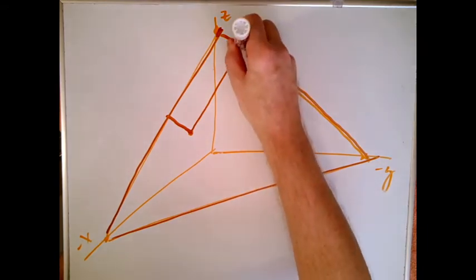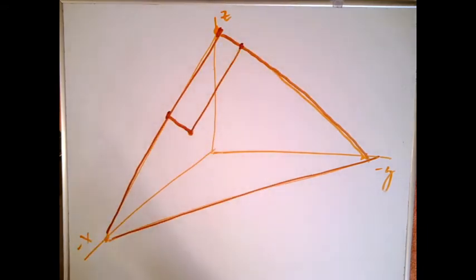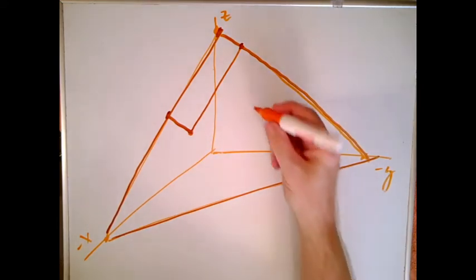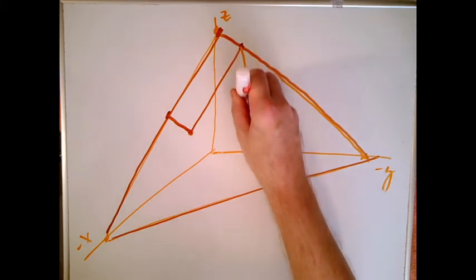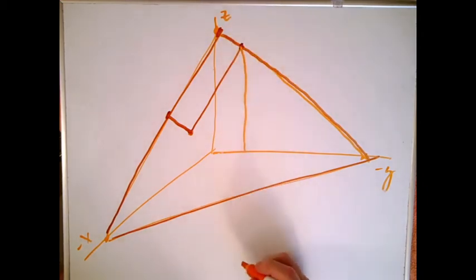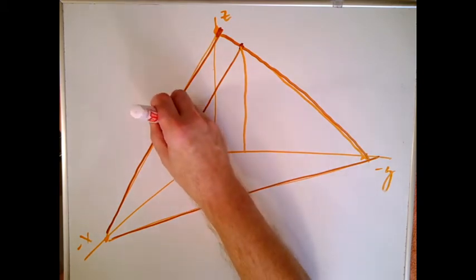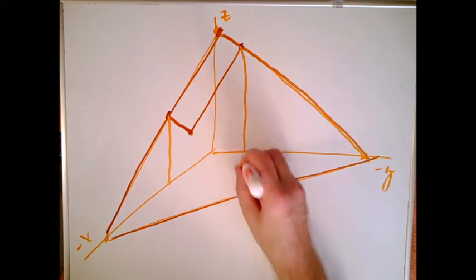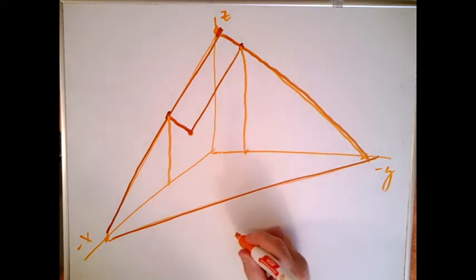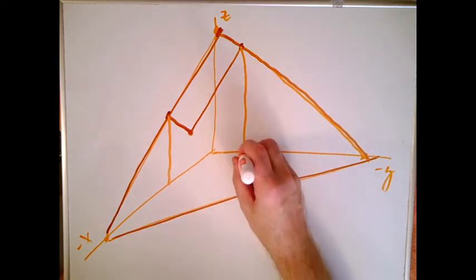Now from this point and this point, I want to draw points that are not on the plane that will give us some perspective. From this point here, I am just going to go all the way down to the y-axis. And from this point here, I'm going to go all the way down to the x-axis. Now, from this point here, in the xy plane, I'm going to draw something that's due west.